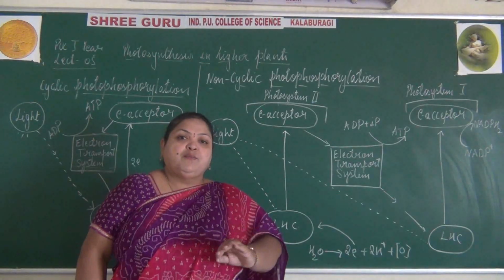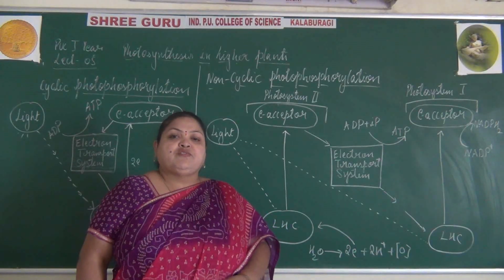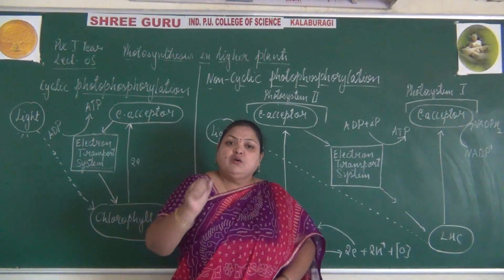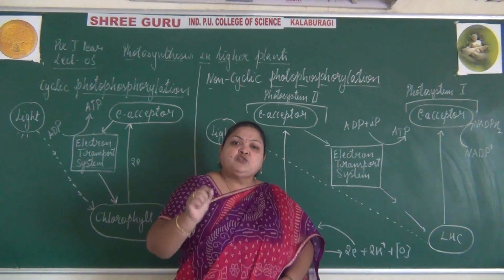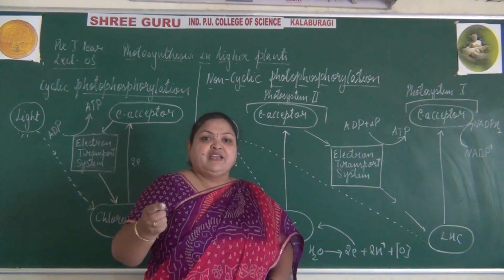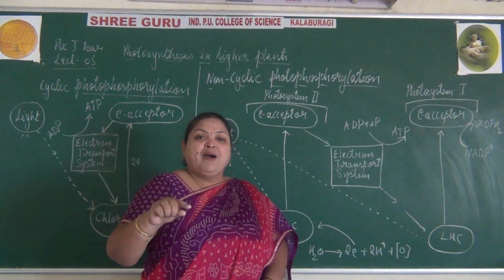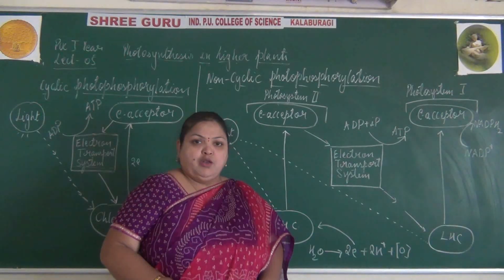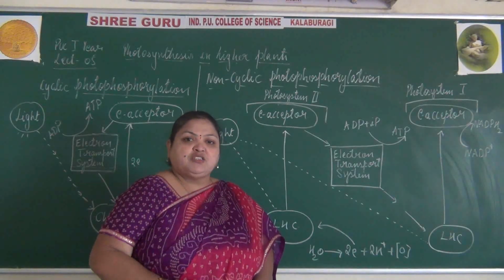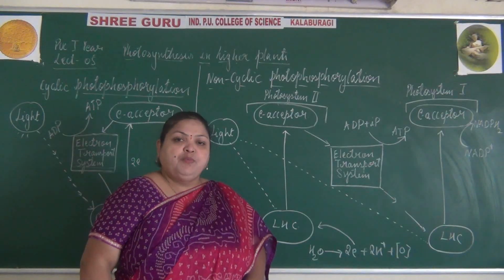So there is photoexcitation of these chlorophyll molecules with the emission of the electrons. Each molecule gets charged and releases the electrons. After releasing the electrons, again they get reduced and pass the electrons to the neighboring molecules. Based on this, we have studied there are two reaction centers or photosystems, photosystem 1 and photosystem 2.